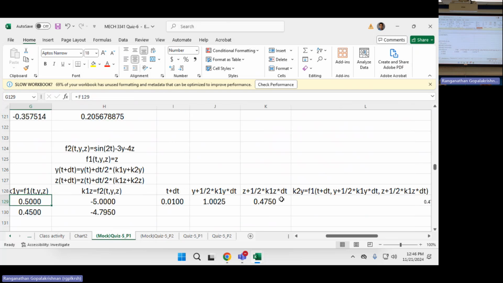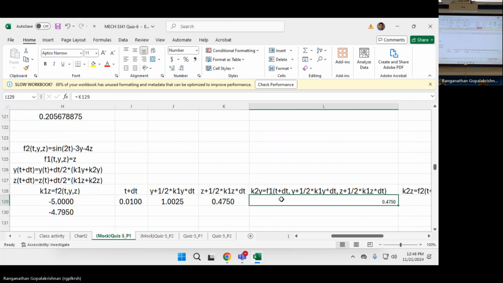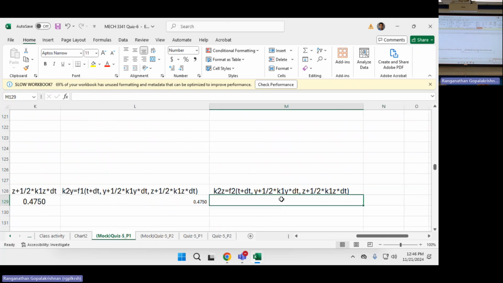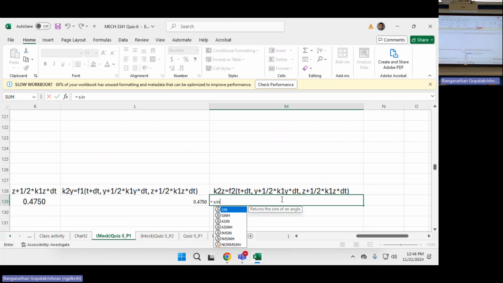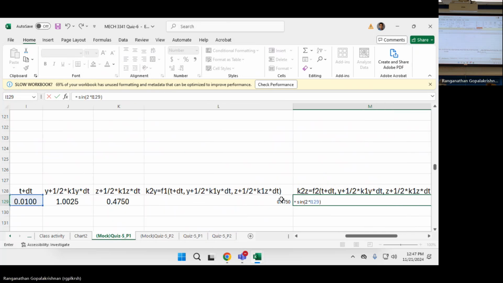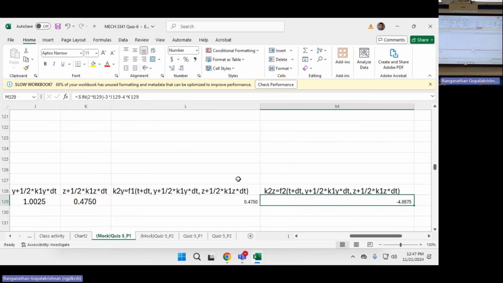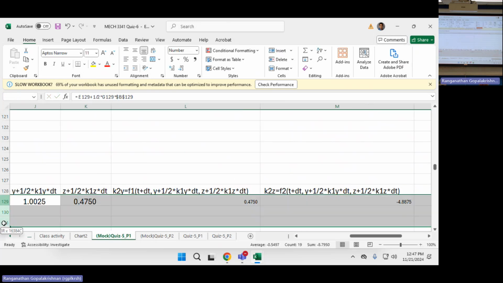And f2 is sine of 2 times whatever time is, minus 3 times y, minus 4 times z. Okay, so you have this.